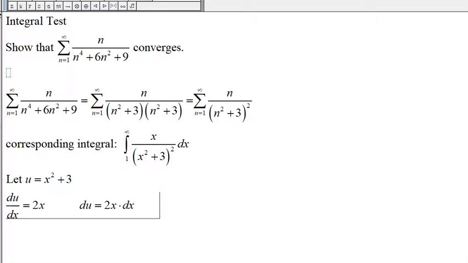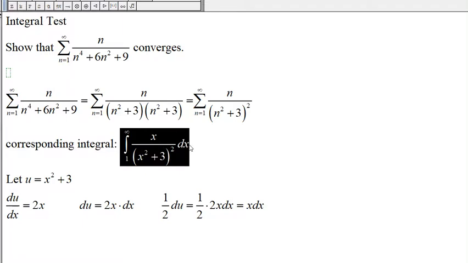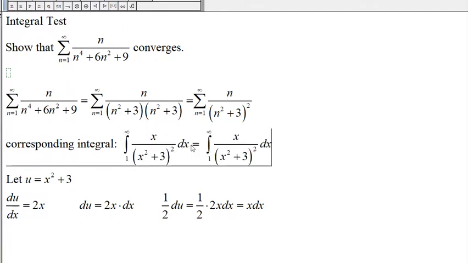And then multiply both sides by 1/2. And this is equal to x dx. And notice that the integral here can also be written as this.